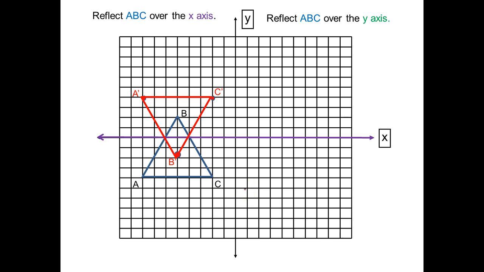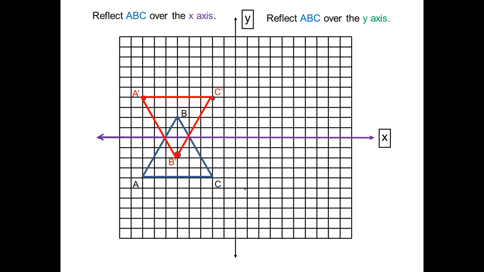But finding it is just the same as finding it when it lands in different quadrants. Simply count from the line of reflection to the original point, and then go the opposite direction for your reflected point.